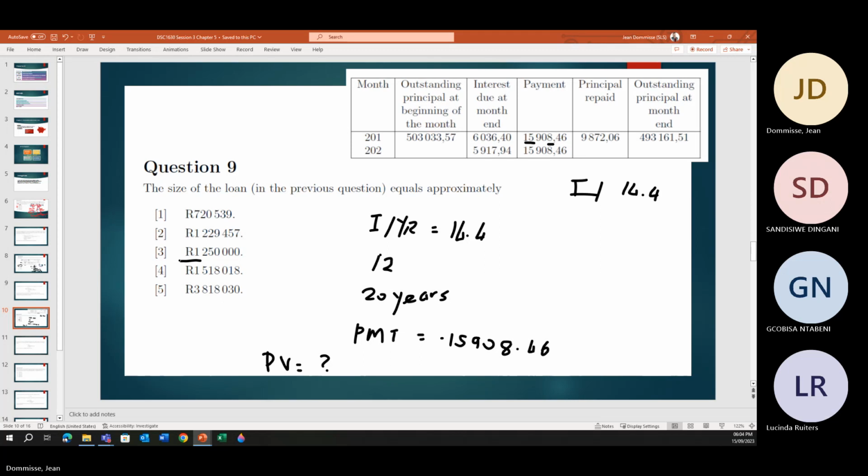And then present value is the 1.25. So mine is 1.2500000.1169, but you can round it off to the nearest whole number.